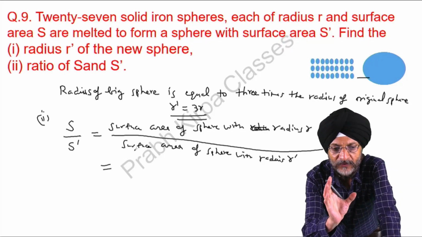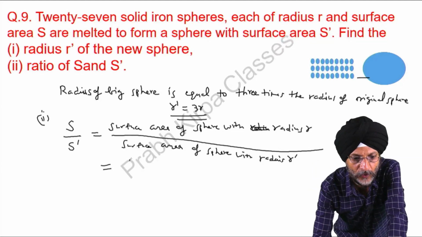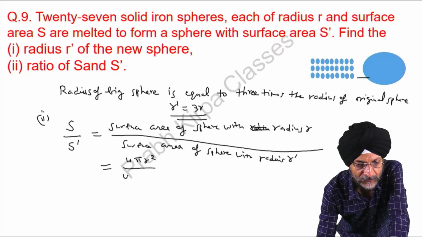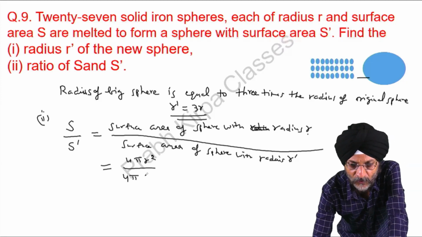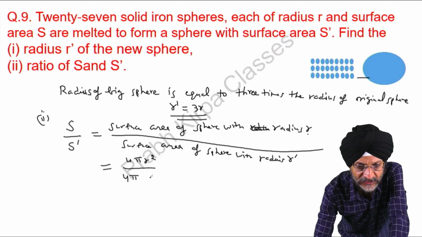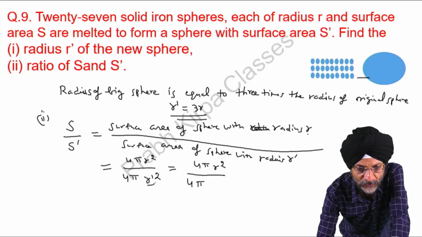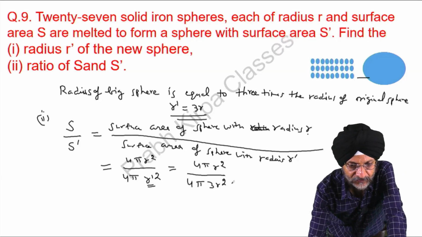Now we will put in the relevant values. What is the formula for calculation of the surface area of a sphere? It is 4 pi r square. Here the radius is r, and here the radius is r dash. So it will come as 4 pi r square over 4 pi r dash square. What is the value of r dash? It is 3r. 4 pi will cancel with 4 pi.